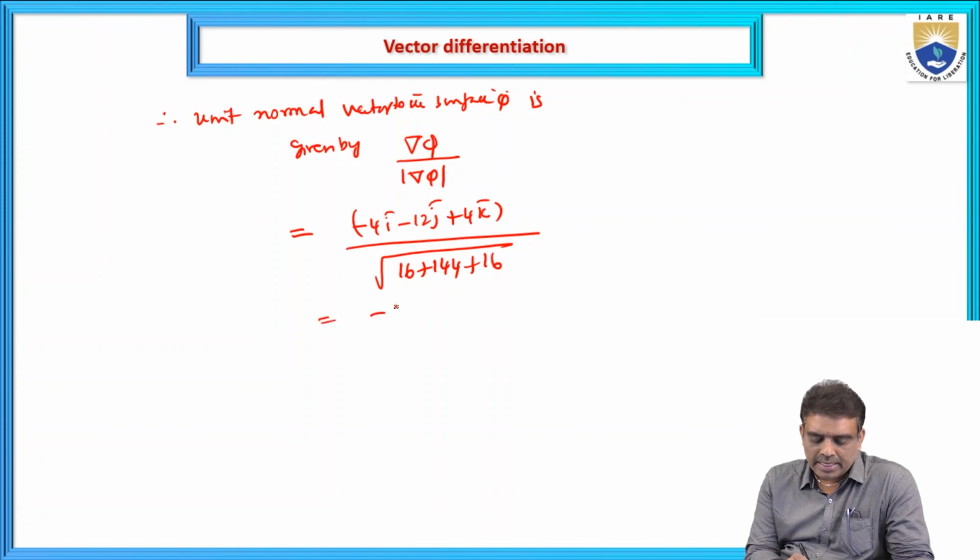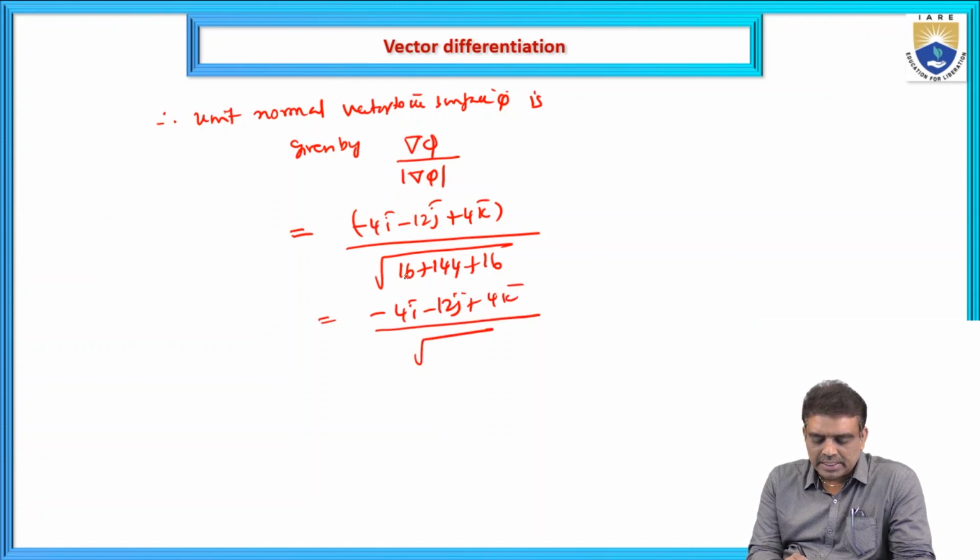That is the square root of 144 plus 32, which is 176.